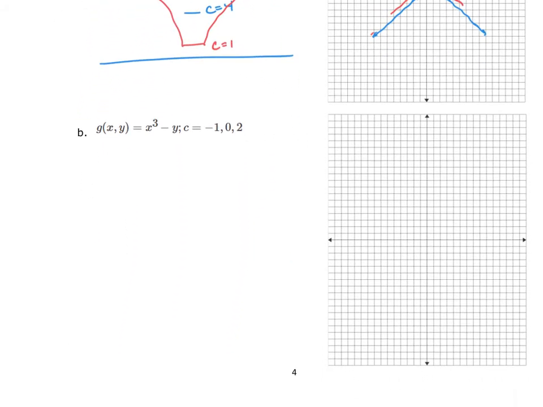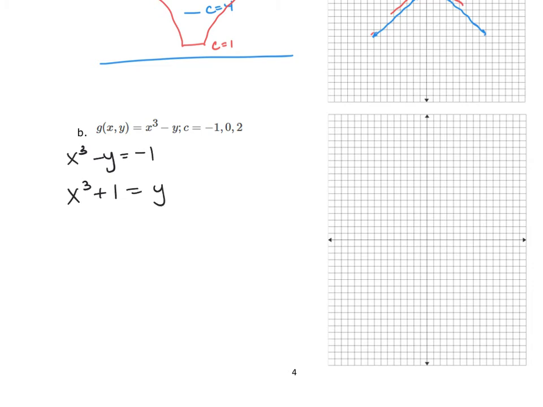Now this one wants us to do 3 c's, so 3 values for c. So I have x cubed minus y is equal to -1. All right, let's rewrite this as x cubed plus 1 is equal to y.